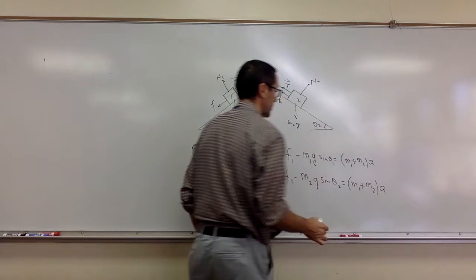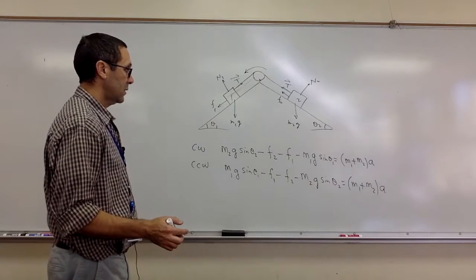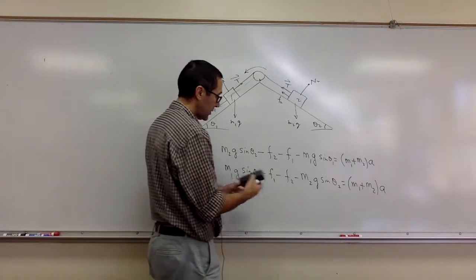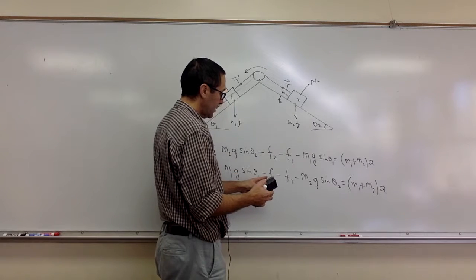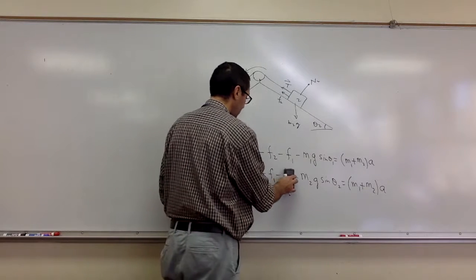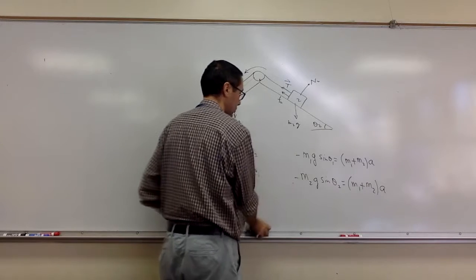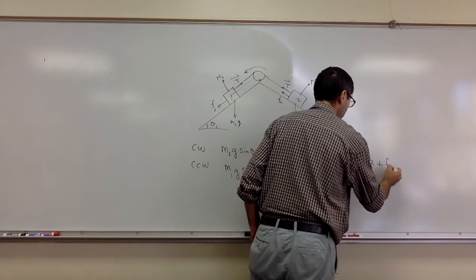So basically I wrote F net equals MA in both cases. If you notice, both possibilities have minus F1 and minus F2. So if I take those terms and move them to the right side.